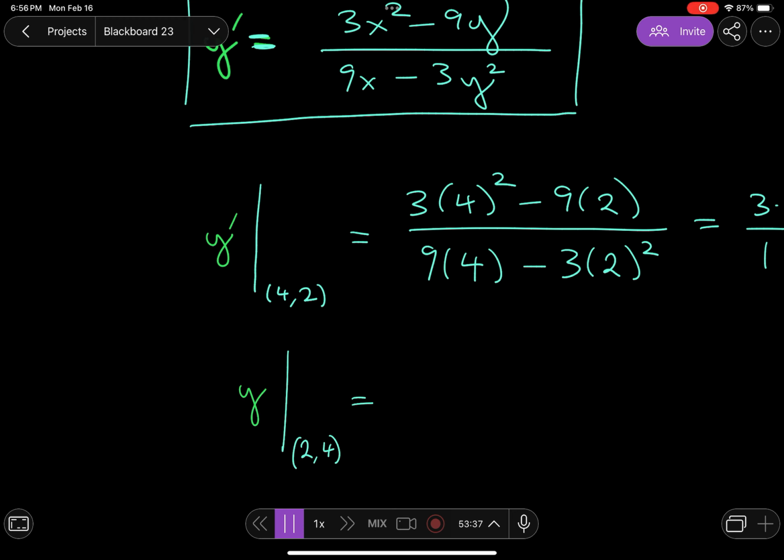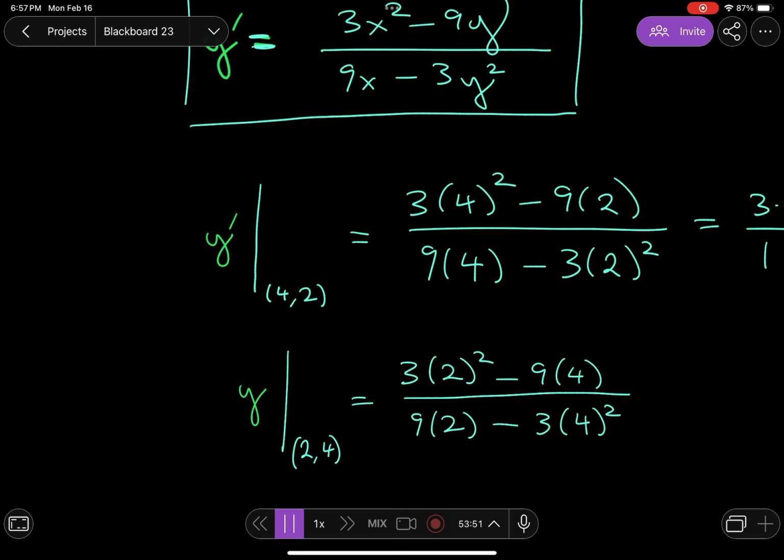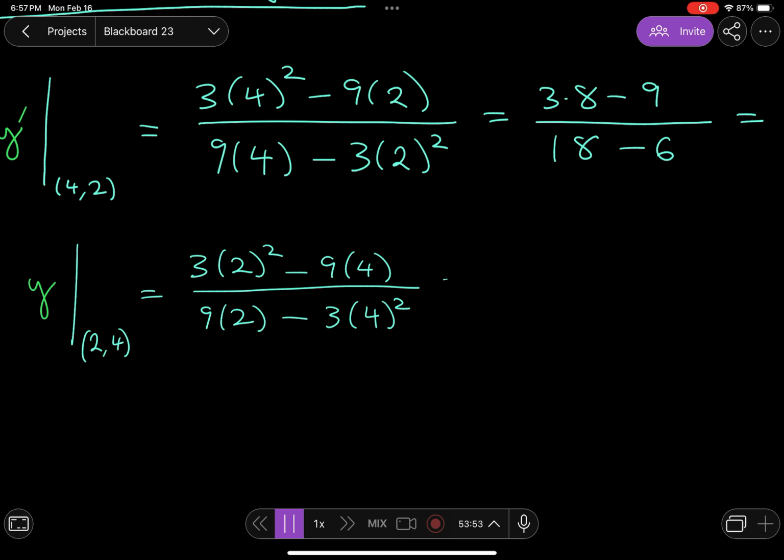That is going to equal 3 times 2 squared minus 9 times 4, all divided by 9 times 2 minus 3 times 4 squared. All right, so that's the same thing. 4 comes out of the numerator, we got 3 minus 9, all divided by 2 comes out of the denominator, and we got 9 minus 3 times 8.